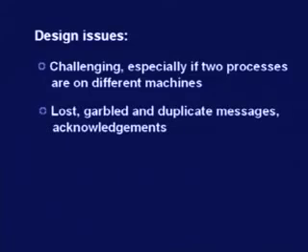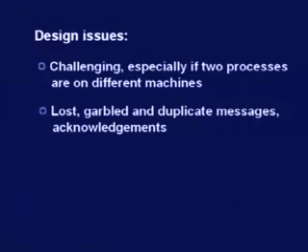The design issues connected with message passing are that it is challenging, especially if the two processes are on different machines and the system is heterogeneous. And because they are connected through a communication channel, that channel can be error prone. Error prone channels means that the message could be lost, which means that it does not reach its destination.